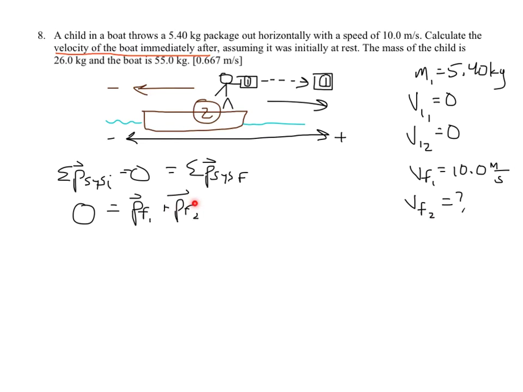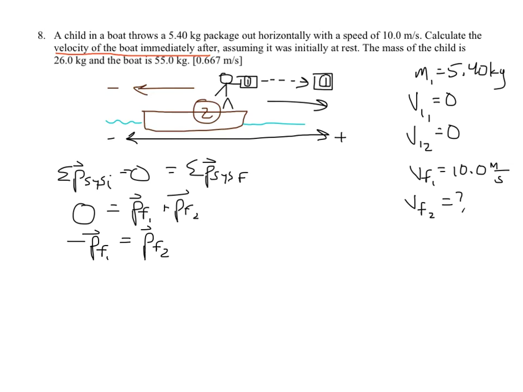In previous problems, we expanded this out and then moved final momentum of the other one over. But I'm just going to subtract it over right now. So I'm going to subtract over final momentum of 1. So it's going to be P final of object 1 equals P final of 2. They have to be moving in opposite directions in order to cancel out to 0, which is what the initial momentum was. Now we can expand these out.